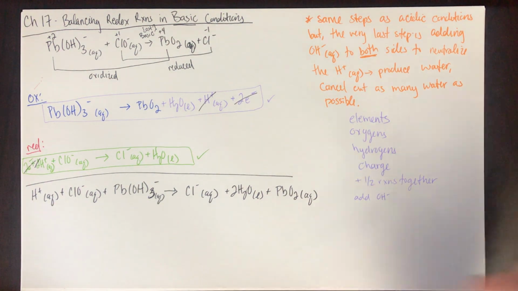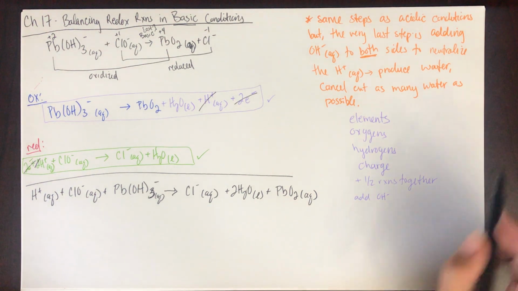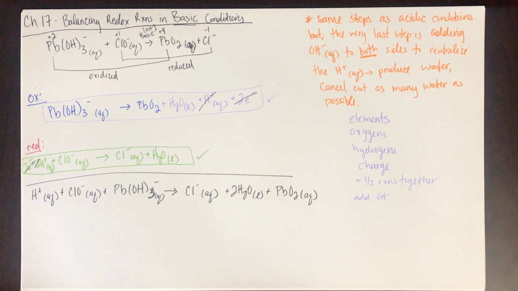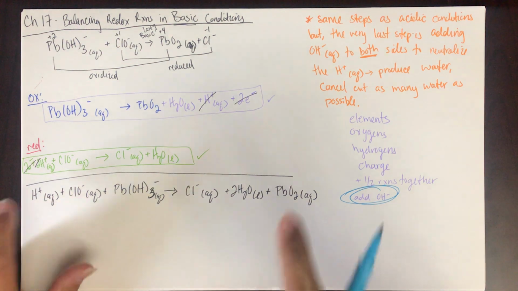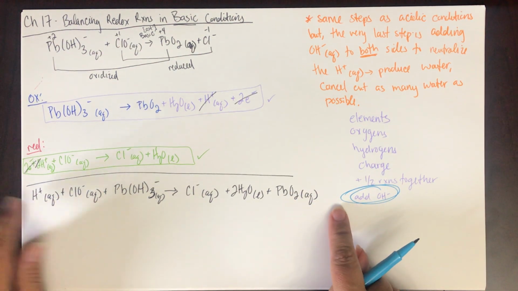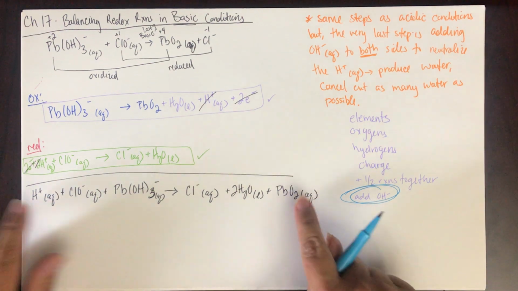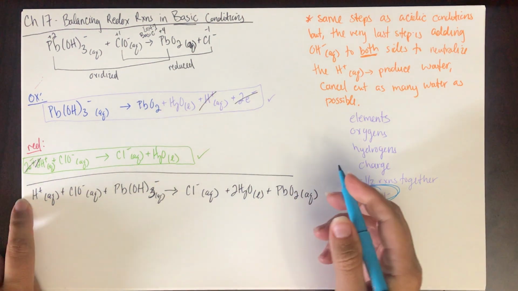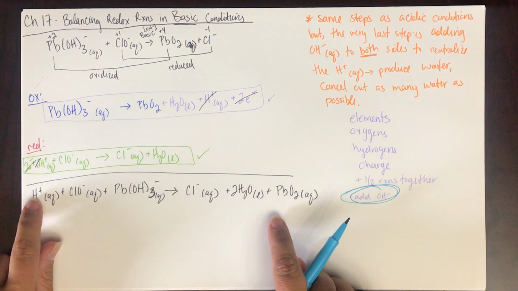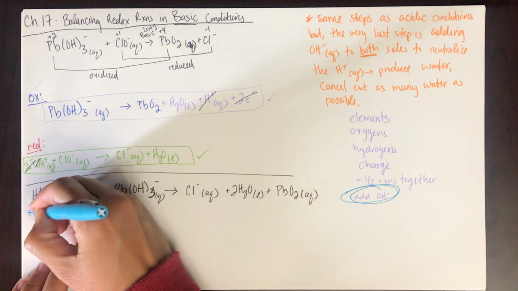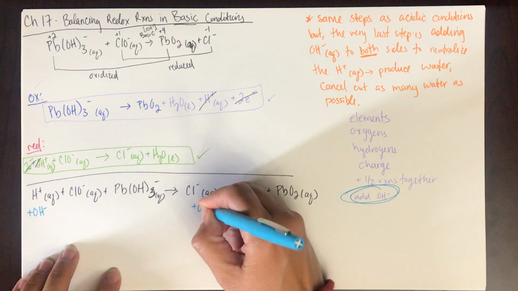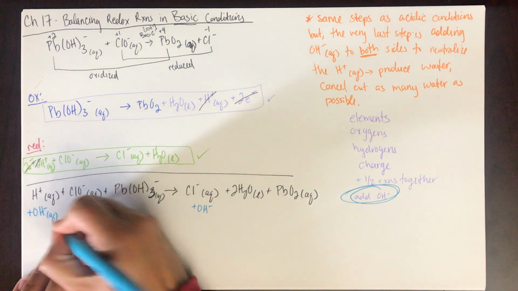Okay, so this would be done if we were in acidic conditions, but we're not. We are in basic conditions, and basic conditions say that we add hydroxide to both sides to cancel all the hydrogens. However many hydrogens there are, that's how many hydroxides you would add to both sides. If there were 10 hydrogens here, you would add 10 hydroxides to both sides. There's not. There's just 1 hydrogen. So I'm going to say plus OH to that side and plus OH to this side, aqueous.